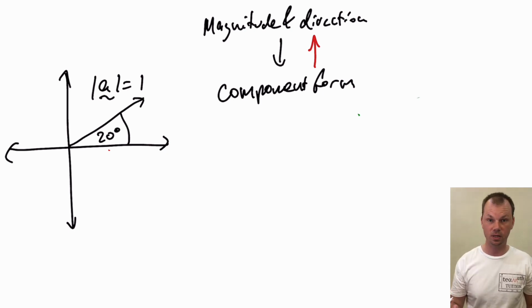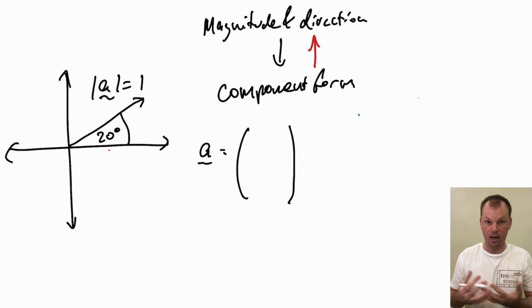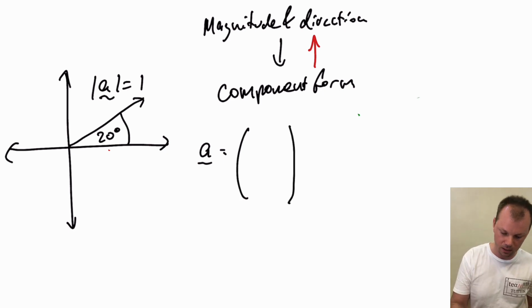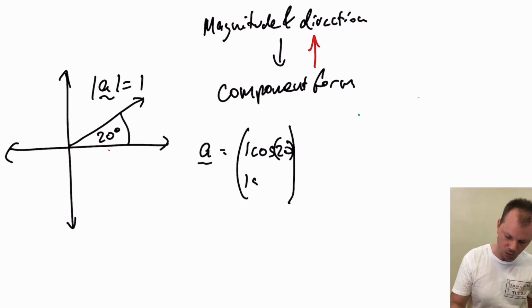If I want to express that vector in component form, I can say that my x direction, or my i hat vector, if I'm looking at that, is 1 cos 20, because that's in the x direction. In the y direction, it is 1 sine 20.